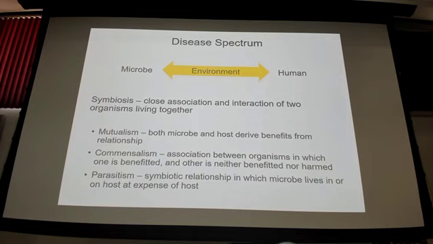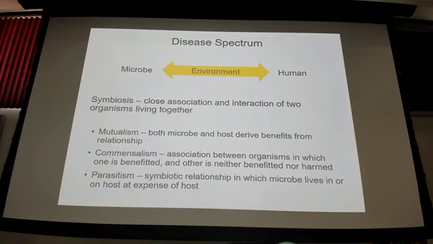Mutualism is pretty intuitive. We both get something out of it. That's nice. Commensalism is what you hear most of the time when we're talking about commensals on and in us. It's sort of a blanket term. You don't hear the term mutualists, but sometimes mutualists are what they are and they're called commensals. But commensals, strictly speaking, means that it's a net neutral.